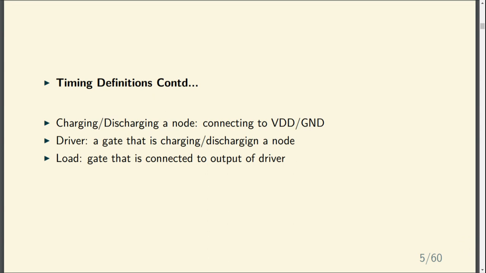We don't have any other values for the output signals, and generally we are concerned about how much time it takes to go from VDD to ground and ground to VDD, and we call that charging and discharging. And two more things: the driver. We have a gate, and the gate output is being controlled by the logic. That gate is called the driver gate because it is responsible for the output signal.